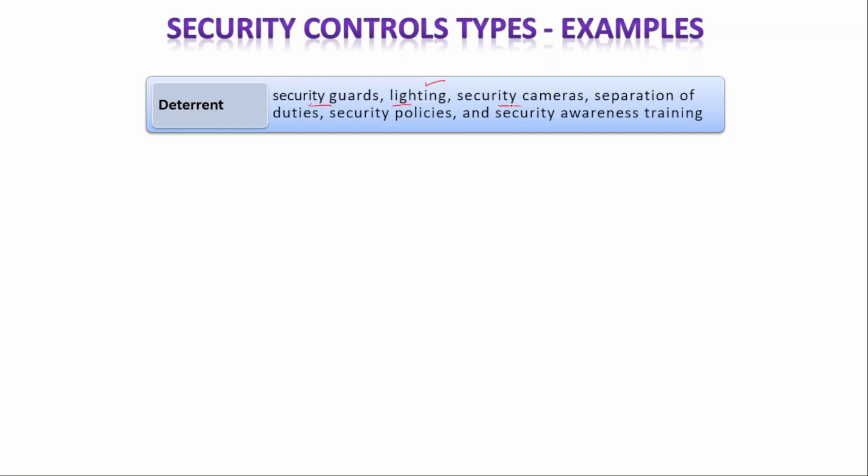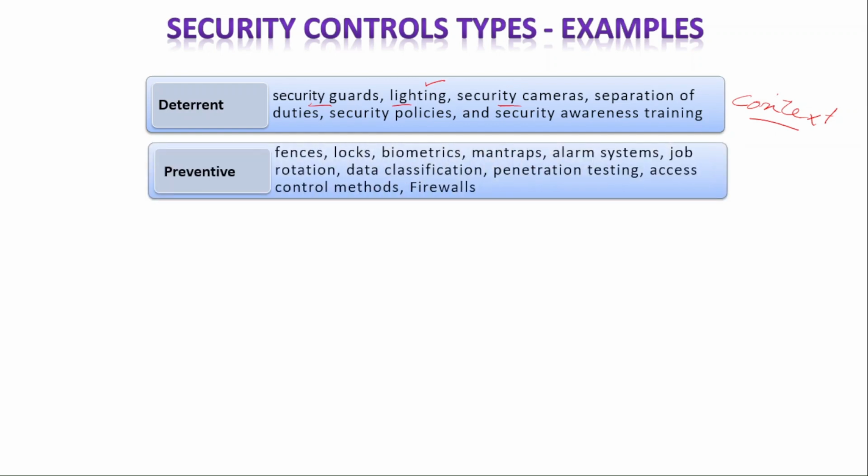Same is the case for security cameras, they are deterrent as well as detective, and this all depends upon the context. And we will see in a while how to identify these control types, in which category and in which type. From the example perspective, I will give you a few tips.